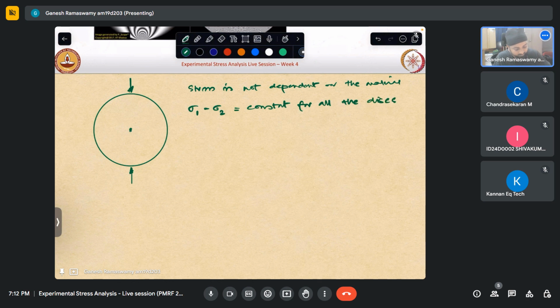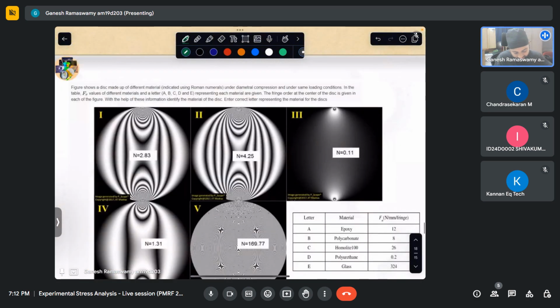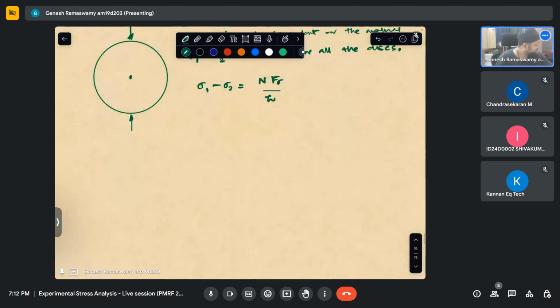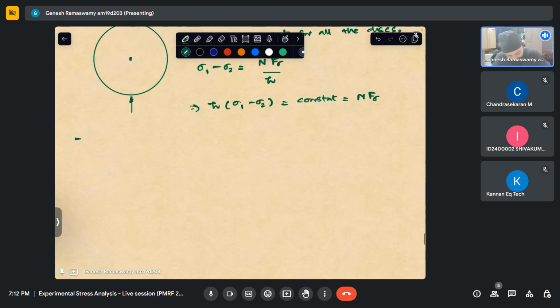And we know that sigma 1 minus sigma 2 is nothing but n f sigma by h. And since all the loading conditions are the same, only the material is changing, we take it that h into sigma 1 minus sigma 2 is constant, which is nothing but n f sigma. So from here, we get that n f sigma is some constant.